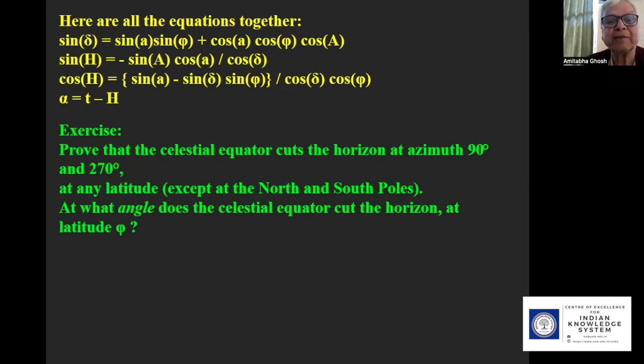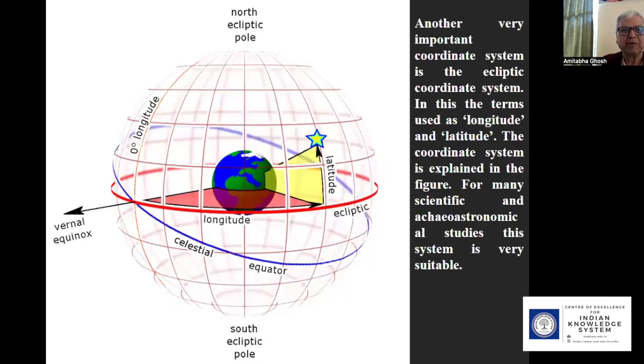At what angle does the celestial equator cut the horizon at latitude phi? Please solve this problem. I think it is a good exercise, just to give you a little better grip on the things you have been discussing.